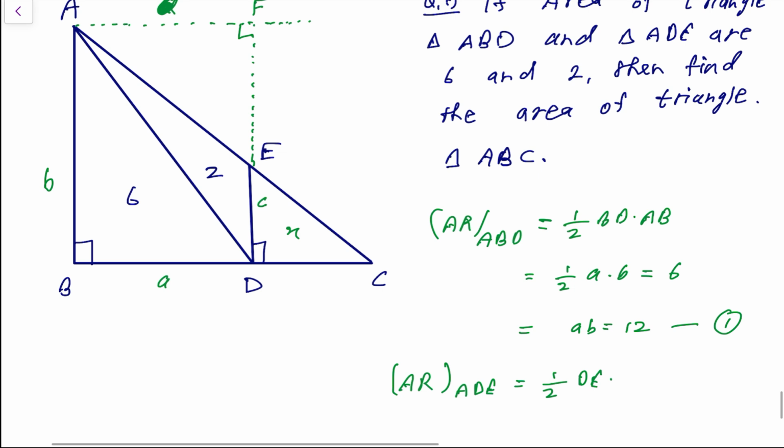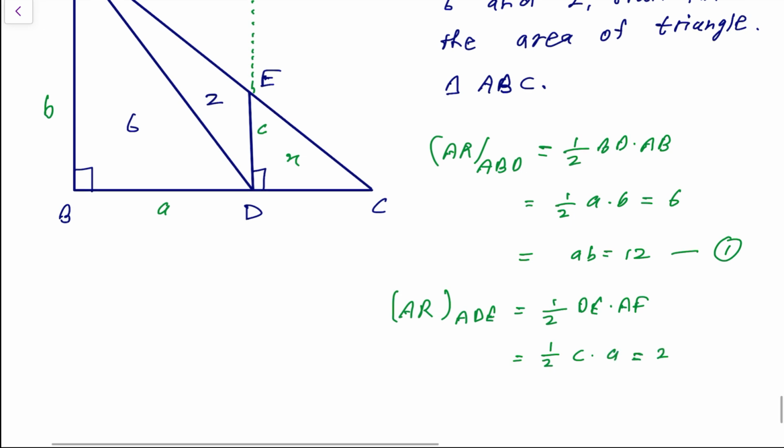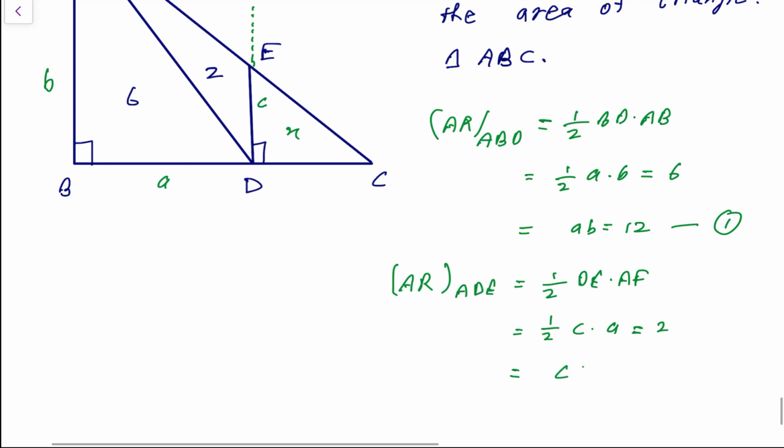The area of triangle ADE is 1/2 times DE times AF, that is 1/2 times c times a. And it is given that the area of triangle ADE is 2 units. So from here we have ca is equal to 4. Let's call it equation number 2.